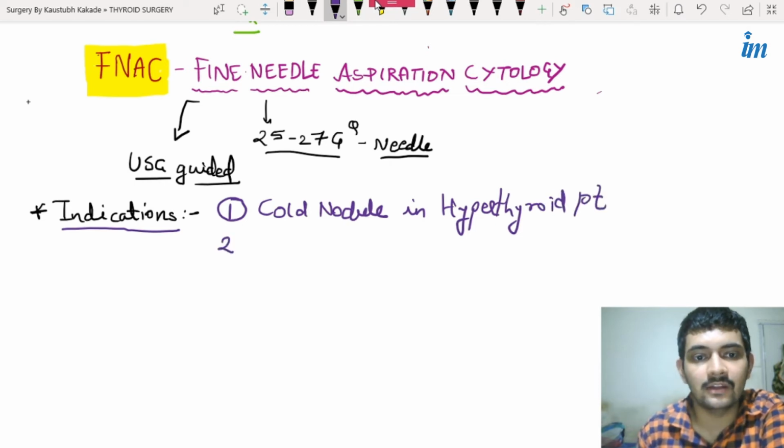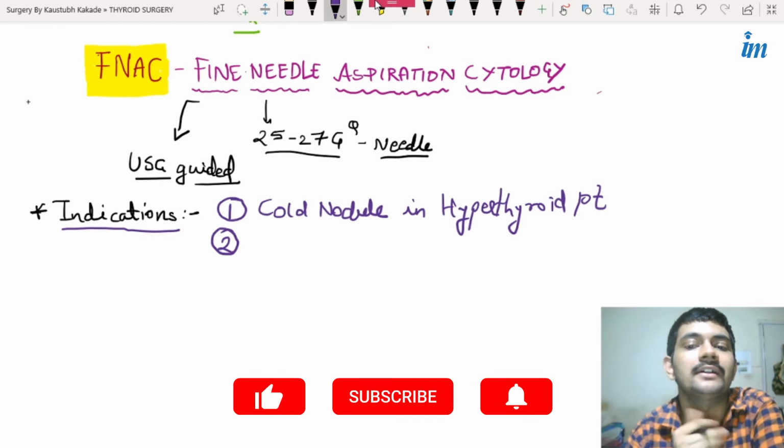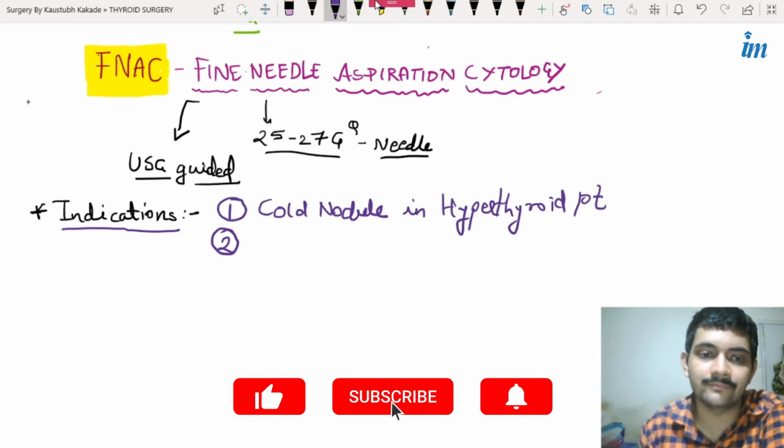Why? Because the clinical suspicion of malignancy is going to be high if there is a cold nodule, but the patient is presenting with hyperthyroidism.